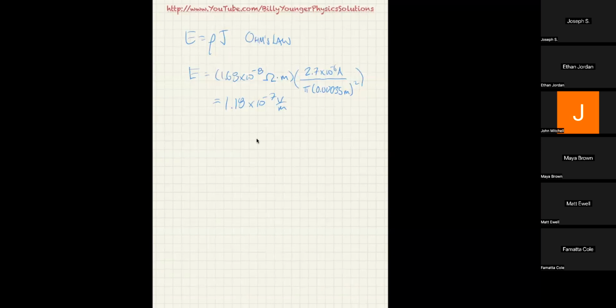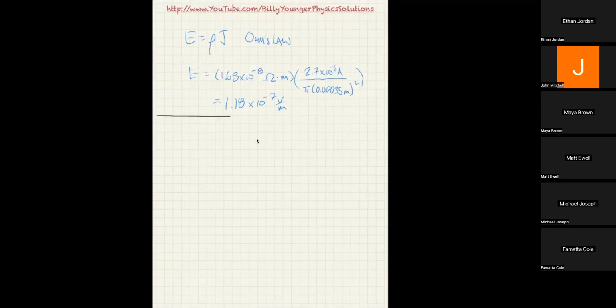So let me start off. I'm going to draw a simple circuit that we can use. This one's going to have a 12-volt battery, and it should be pretty simple in this particular case.